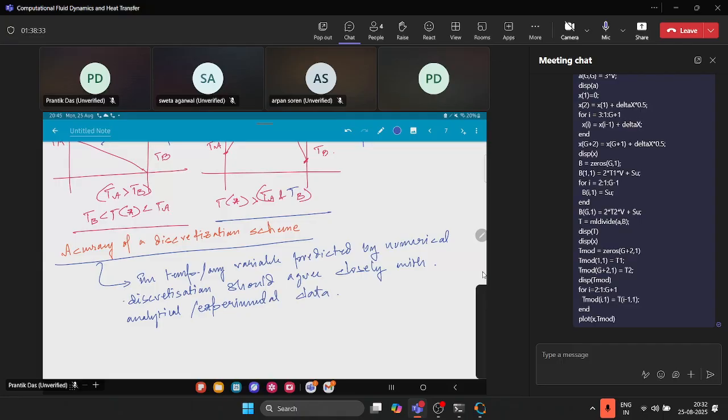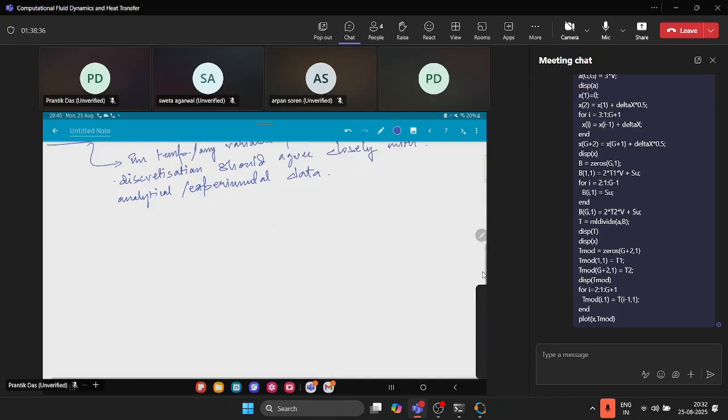For example, for our case, if it's a purely diffusive case, then k d squared T by dx squared equals 0. So dT/dx is a constant, and temperature becomes C1 x by L plus C2. We know the boundary conditions: x equal to 0 is TA and x equal to L is TB. So this one is a rod, with x equal to 0, x equal to L, TA and TB.